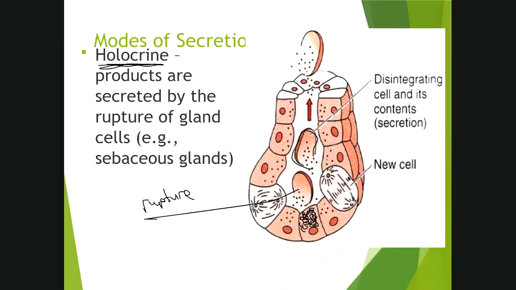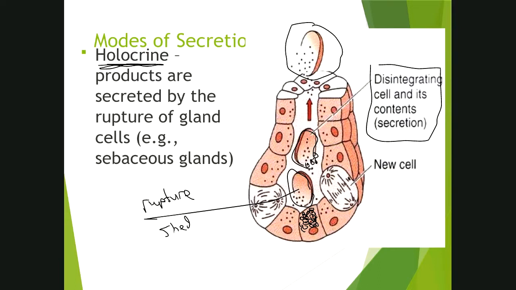This cell popped. And what happens when it pops is the cell is shed. And so not only does the product come out, but so does this entire disintegrating cell. It comes out. That's what we wind up in the secretion.